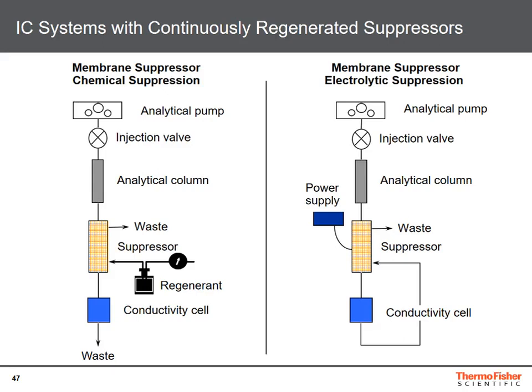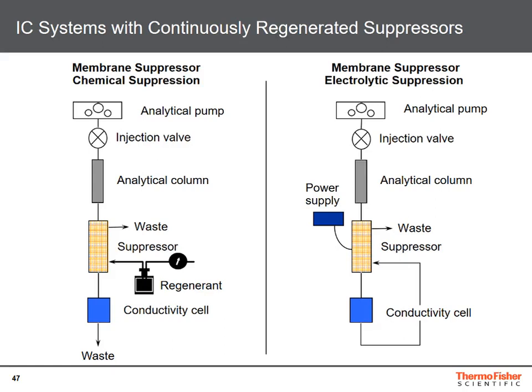As you see from this slide, we can regenerate those suppressors in two different ways. On the left side, chemically, by having a continuous flow of a chemical regenerant through the system. And this chemical regenerant has to be either an acid or a base, depending on whether we want to use a suppressor in anion or cation exchange chromatography.